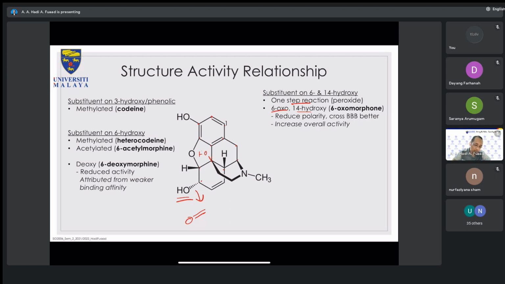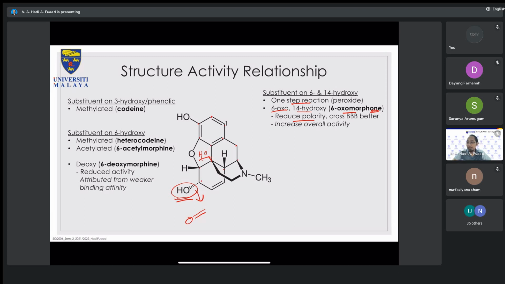And then from here you can call it 6-oxo morphone. No longer morphine, now it becomes a morphone because it's a ketone. It reduces the polarity. Again, because you are converting a hydroxyl to a ketone, even though you say, oh, but you created another hydroxyl group here.